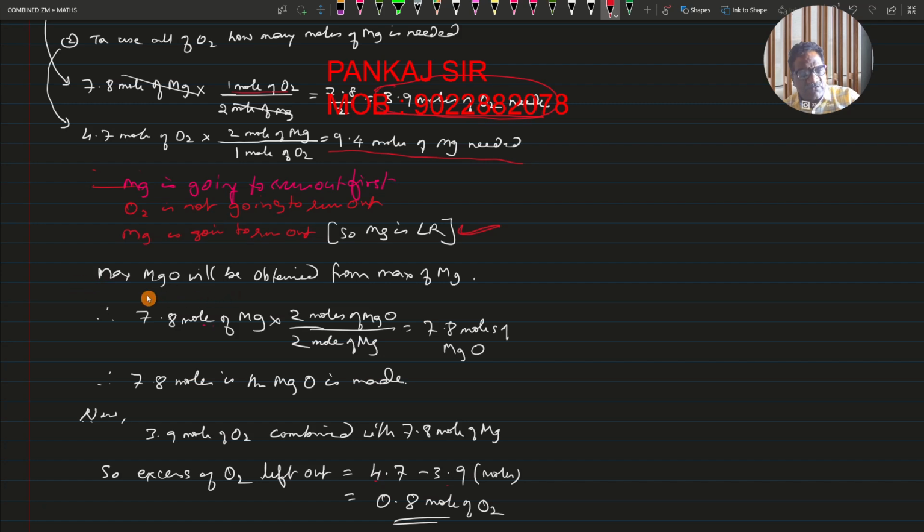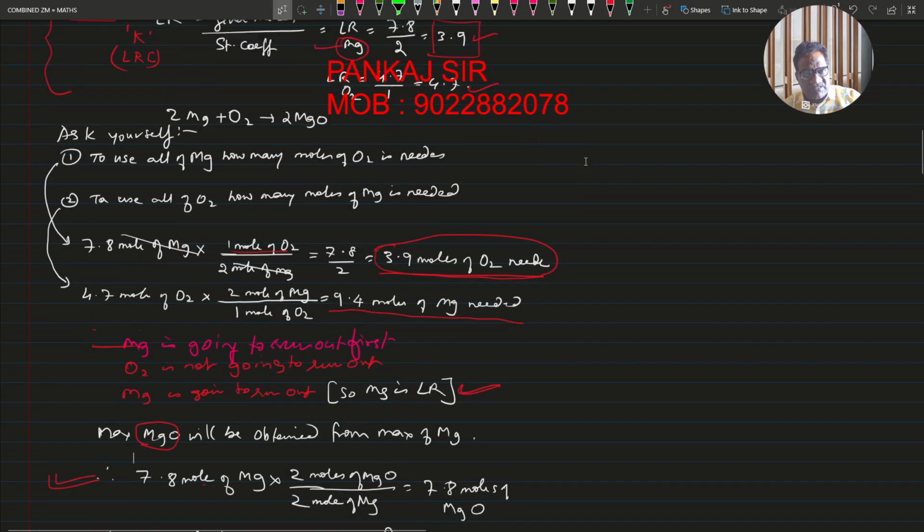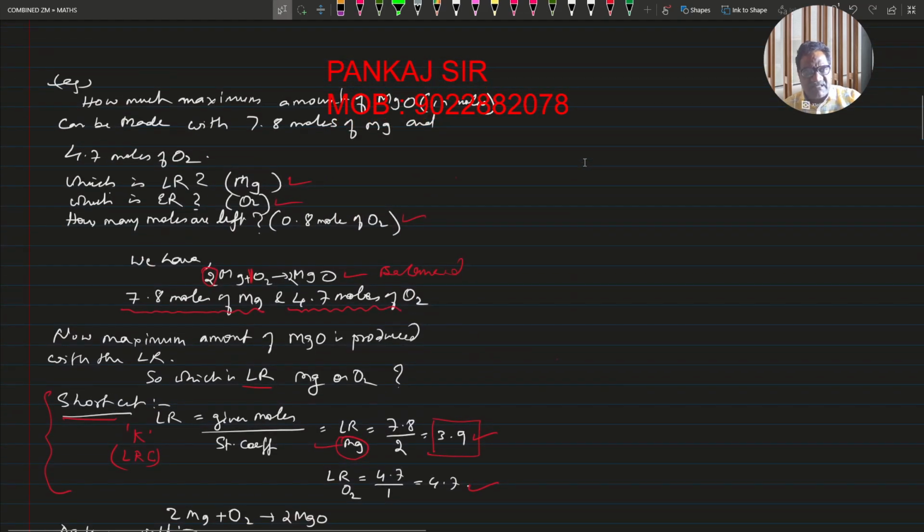So to work out the maximum magnesium oxide that will be obtained from the maximum magnesium, you have to use this particular method, which I have also discussed in our earlier video. You have to start with what is given and end with what you want. What you want now is how many moles of magnesium oxide will be obtained, because if you go back to the question, it asks for the maximum amount of magnesium oxide in moles.